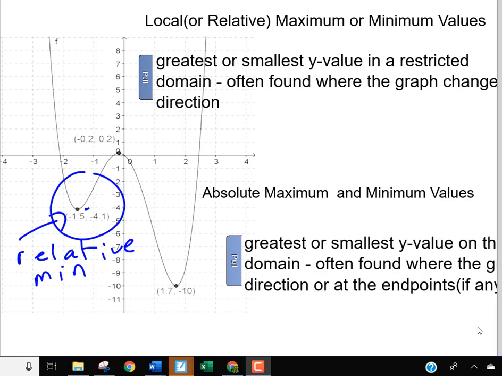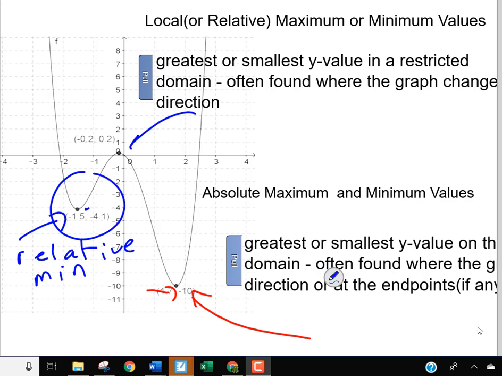However, this point down here is the lowest y value on the entire curve. So this is called an absolute minimum because for the entire domain of this function, this is the lowest y value that we get. So we'd say the absolute minimum value is -10.